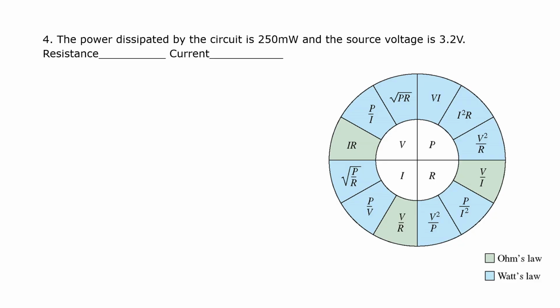Power dissipated by the circuit, and then we got source voltage. We're looking for resistance. So we got resistance. We have power and voltage. Power and voltage there. So we got voltage squared, 3.2 squared divided by my power of 250 milli.